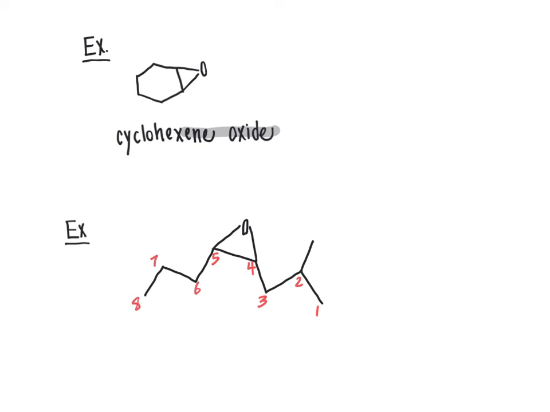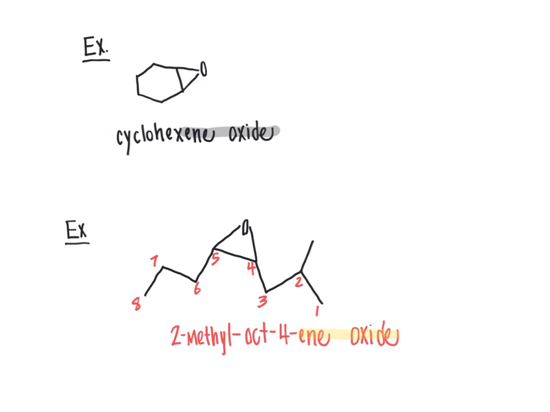And therefore, the alkene name that would have gone with this would have been 2-methyl, because at carbon number 2, there's that methyl group. So 2-methyl, and then 8 carbons, so oct-4-ene, because the alkene group would have started at carbon number 4 here. And then the term oxide after that is going to indicate that the alkene group has become an epoxide.